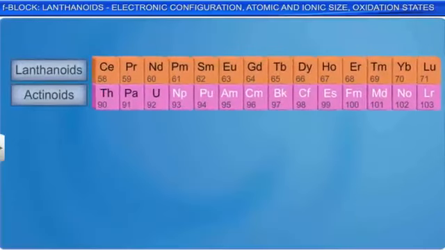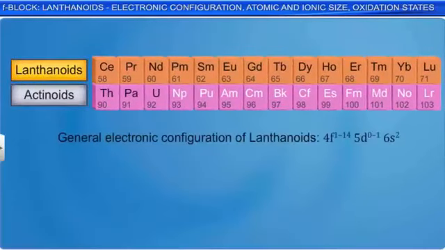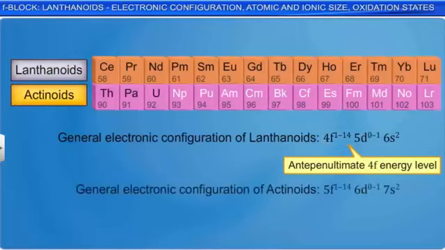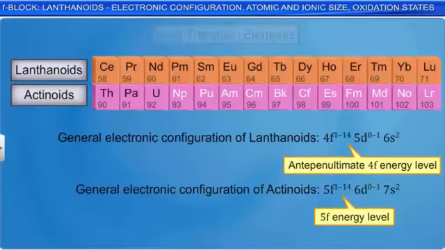While lanthanoids are characterized by the filling up of the anti-penultimate 4f energy level, actinoids are characterized by the filling up of the 5f energy level. These two series of elements are, therefore, called the inner transition elements.